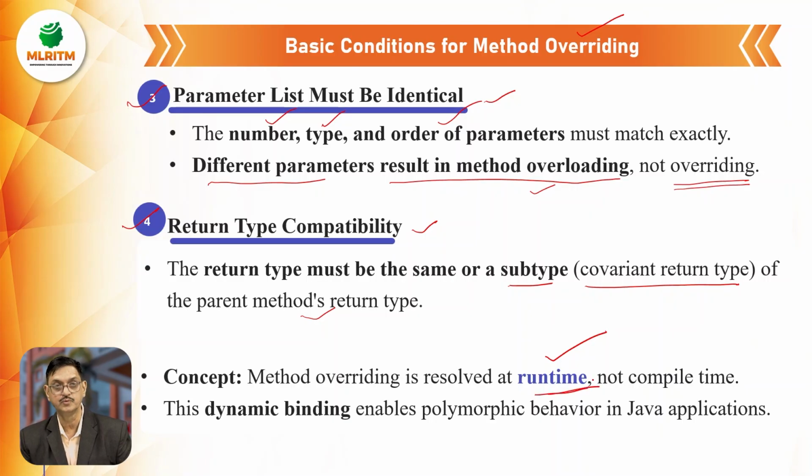So, whenever you want runtime polymorphism, we implement method overriding. This feature is also called dynamic binding, which enables polymorphic behavior in Java applications.